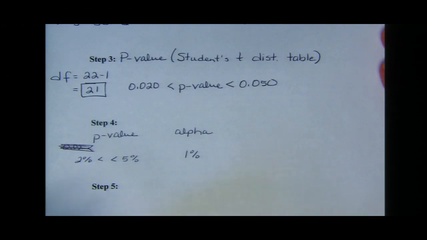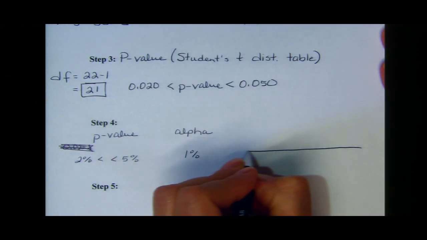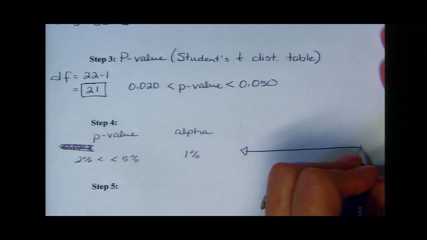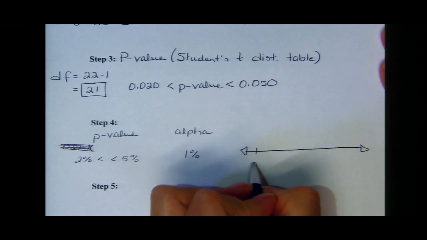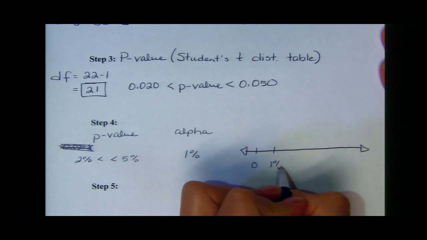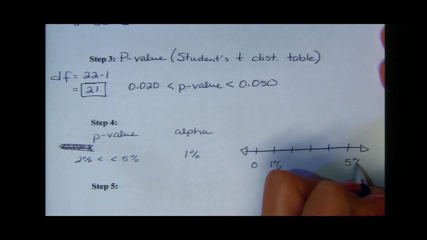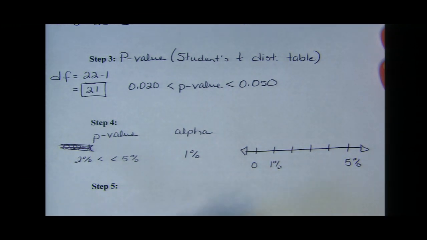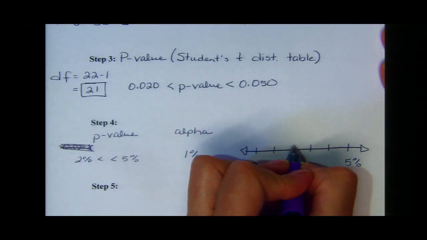Now, this one's not hard to tell, but some students can see this better on a number line. So let's say we have 0, 1%, 2, 3, 4, 5%. So the p-value is between 2 and 5%.